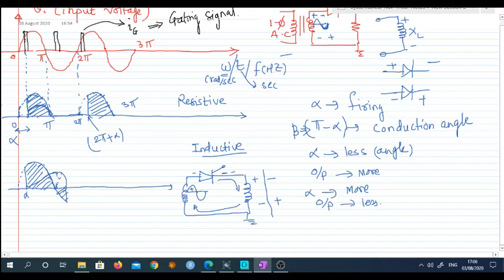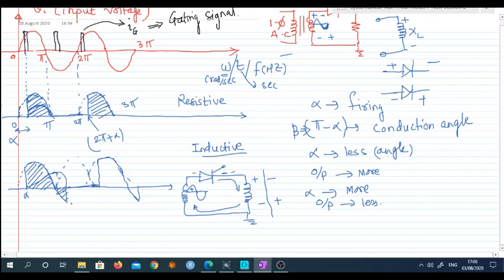Again for this particular time the output voltage is 0, so during this part the SCR will remain off, and again from this point onwards the SCR will conduct like this. So the more the value of the inductor, the more the negative part will appear, because charging and discharging of the inductor will take much time.